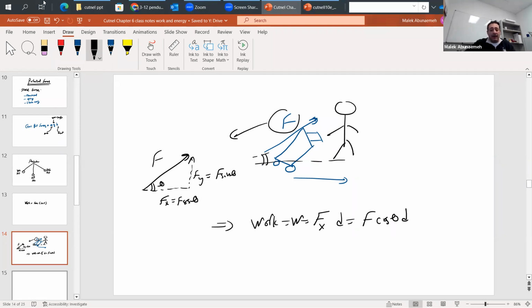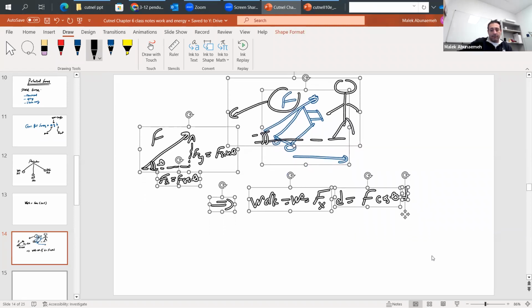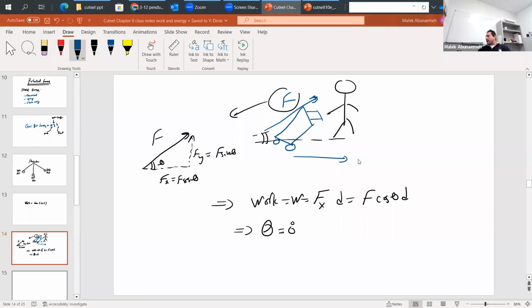Now, if theta was 0 degrees, let's call our work W1. It is going to equal FD cosine theta.